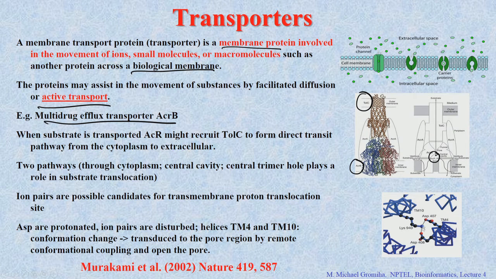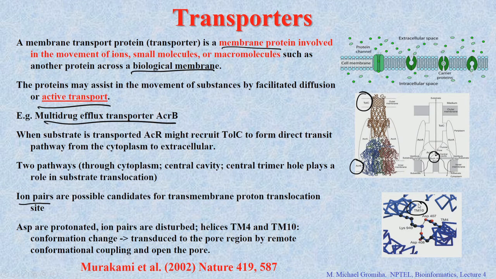So it crosses the membrane, and during this transport, the transmembrane helices, like transmembrane helix 10, have residues involved in electrostatic interactions, like Asp 407, Lys 940 and Asp 408. These ion pairs are possible candidates for the translocation, and they are disturbed.